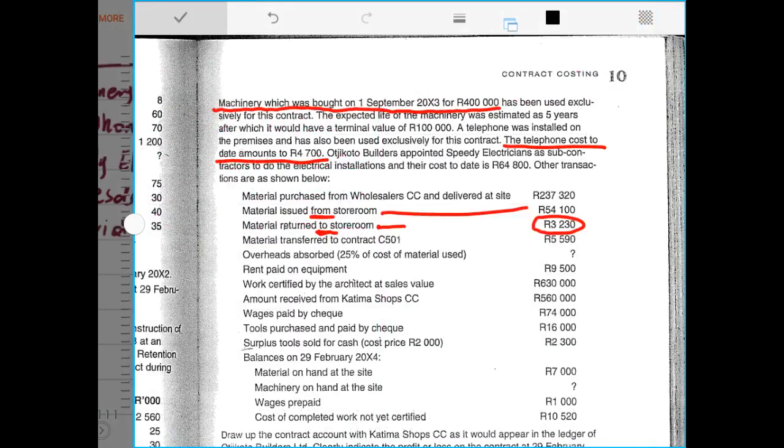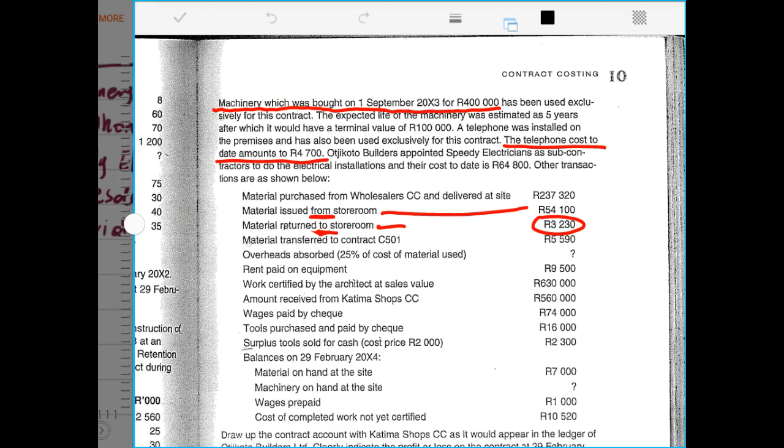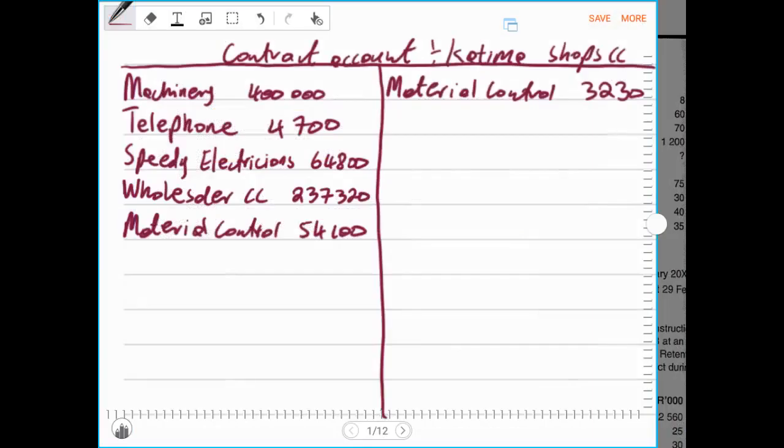Then we continue with that same note, which says material transferred to contract C501. There was material taken from this contract and transferred to another contract. That means we are reducing the material we have on the debit side, because this material was bought and this material was transferred, and both are in this contract now.